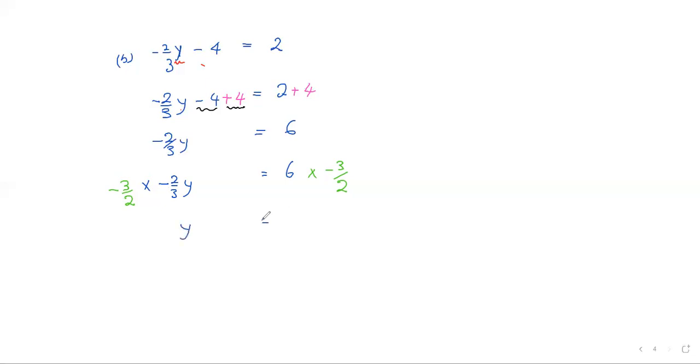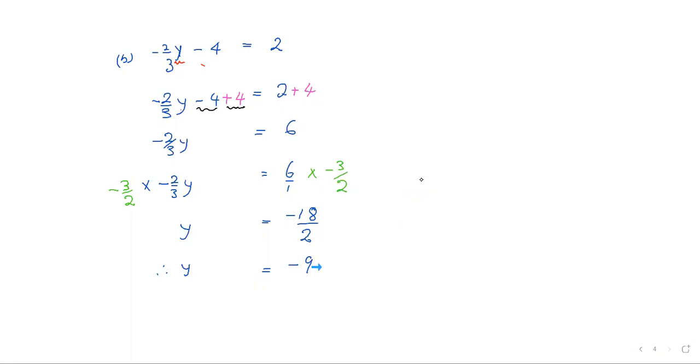So 1y is equal to 6 times -3, which is -18, over 1 times 2, which is a 2. 2 into 18 is a 9. Therefore, y is equal to 9.